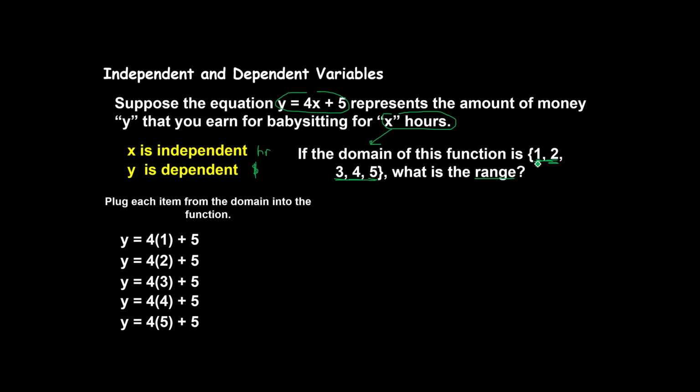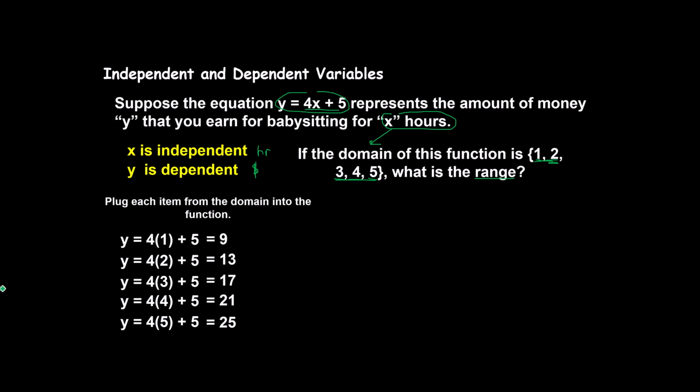I'm going to take every one of these values, put it into my rule, and it's going to spit out the amount of money I earn. So if I worked 1 hour, I'm going to earn $9. If I work 2 hours, I earn $13. 3 hours, I earn $17, sorry. 4 hours, I earn $21, and 5 hours, I earn $25.